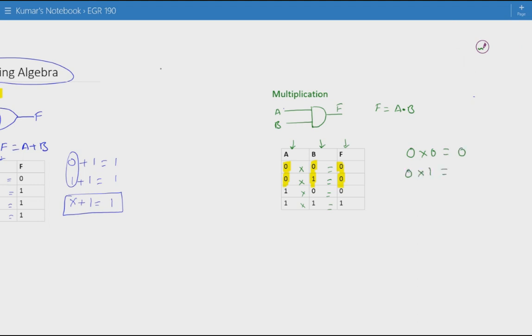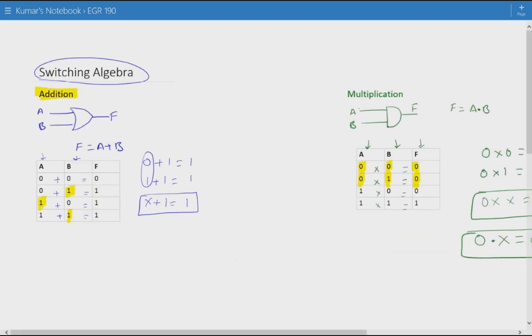Doesn't matter if you multiply by 1 or a 0, 0 multiplied by x or whatever is always going to be 0. So this can also be written as 0 multiplied by something is always equal to 0. This is one of the properties in switching algebra.